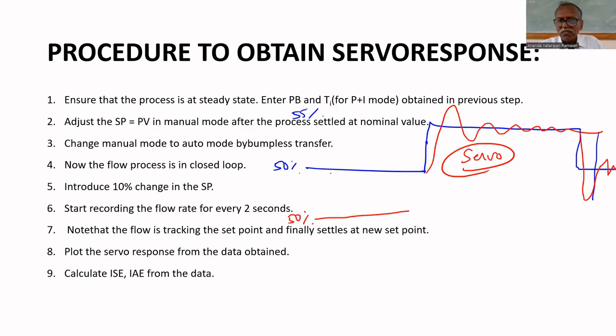So the flow rate is 50%. Because of the disturbance, it goes up. But the controller takes appropriate action and again brings it back to 50. That is called rejection of disturbance. This is called regulatory response.